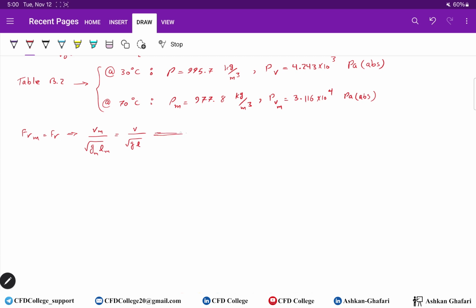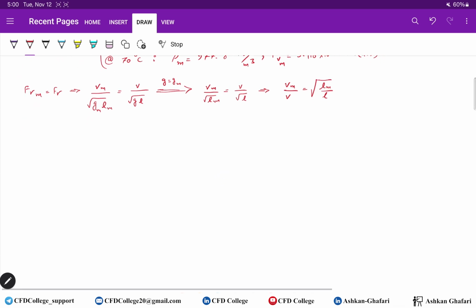Since gravity is the same, Vm over square root of Lm equals V over square root of L. So Vm over V equals the square root of Lm over L. Now for cavitation, the number should be the same.